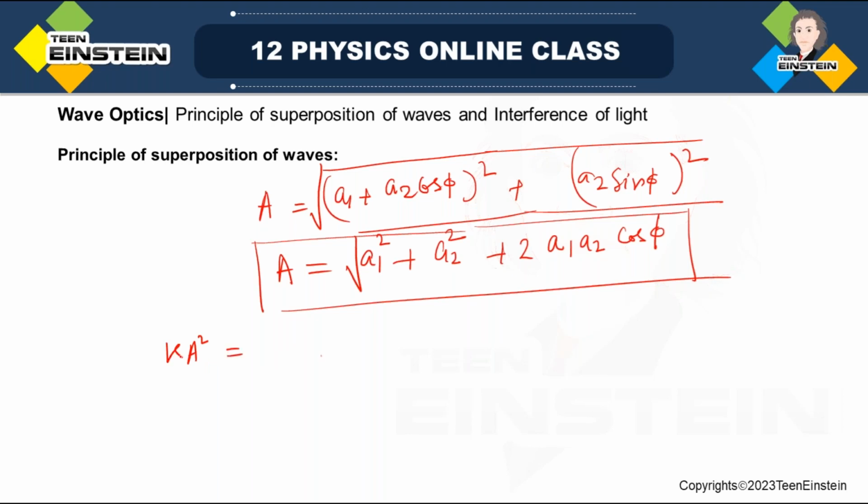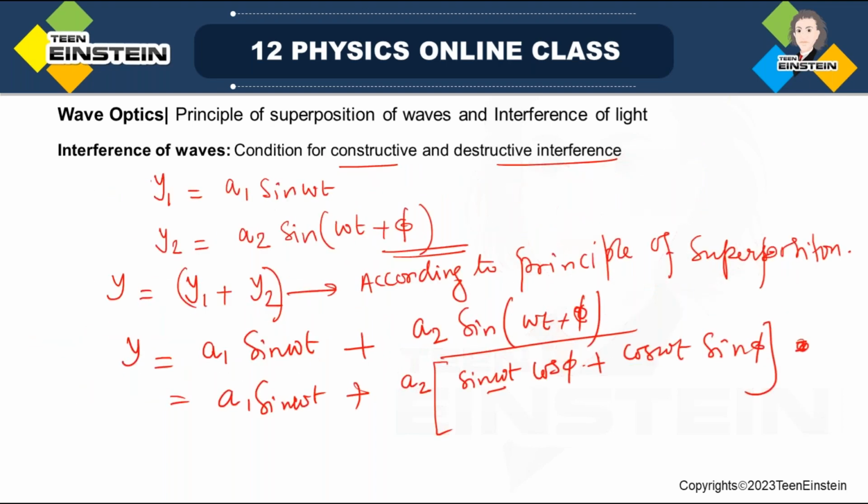Let us say proportional to constant k, and the proportionality constant I am taking as k on both sides. So this will be k a1 square plus k a2 square. So a1 square is the intensity of the light source 1, a2 square is the intensity of the second coherent source. Here I have taken the light wave, this from the first source, this for the second source.